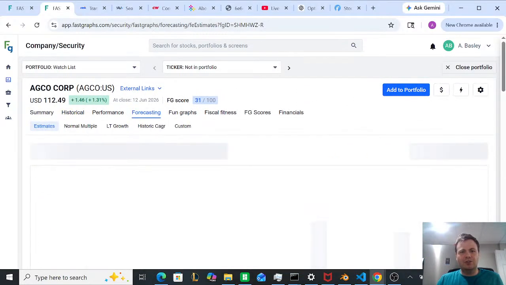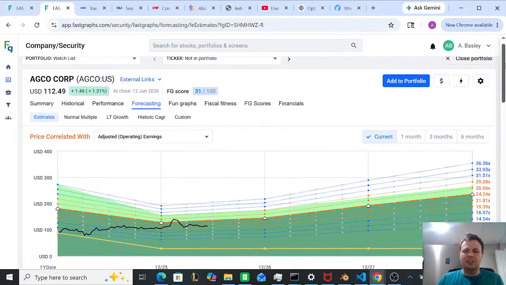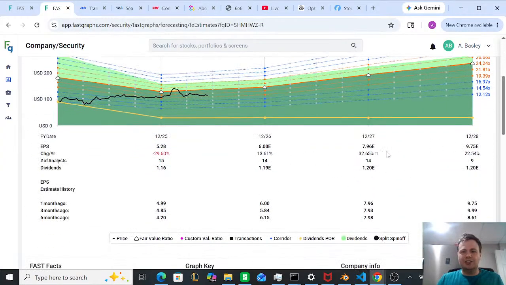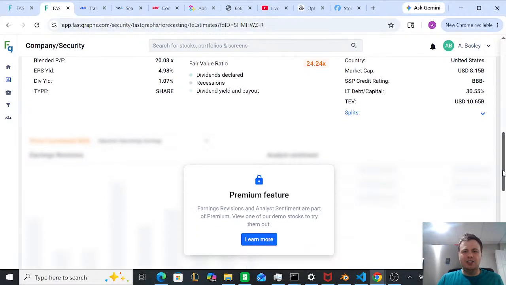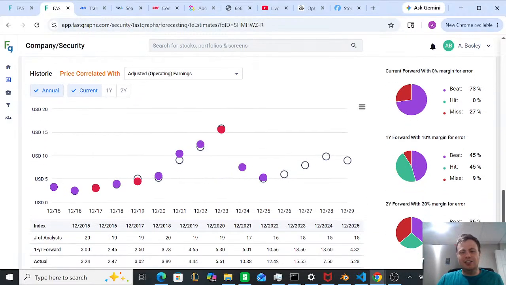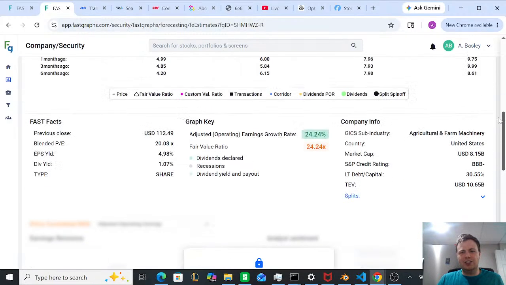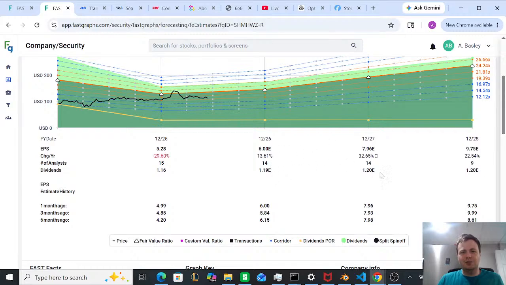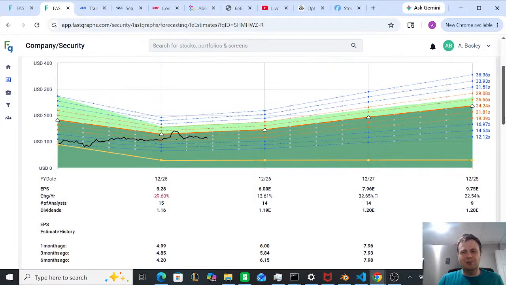So if we look at forecasting, yeah, it's predicting some big booms here in the future, 32%, 22%. And the analysts are pretty good within 1 year. So in 1 year we got 13% and potentially 32%.